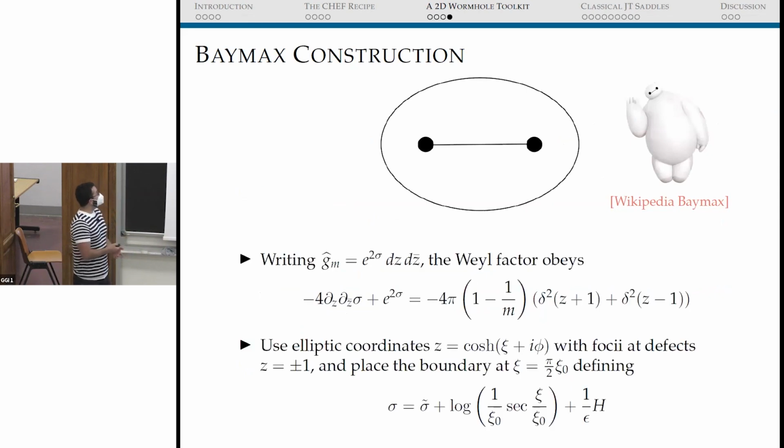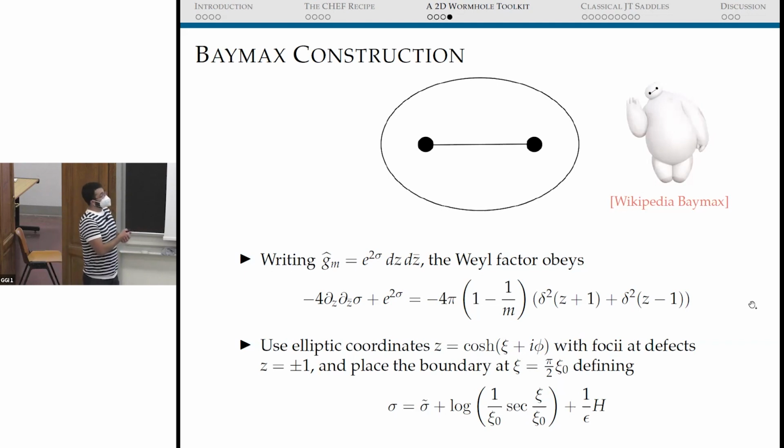So in the Baymax construction, what we do is we just treat the problem in terms of differential equations. We're going to start from a conformally flat ansatz, as we can always do for 2-dimensional geometries. So all we have to solve for is the conformal factor, or the Weyl factor.